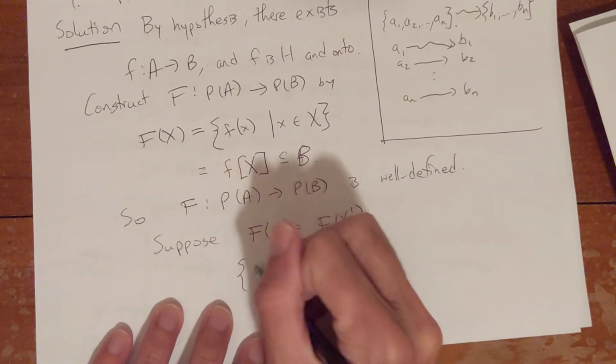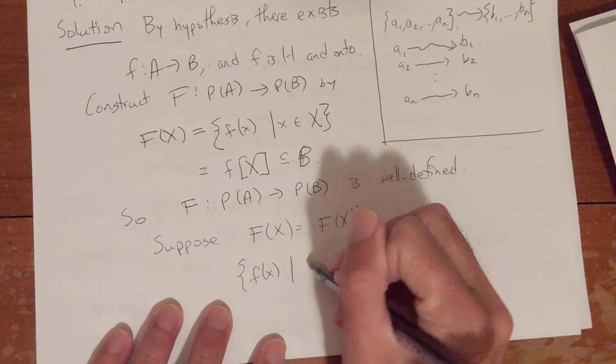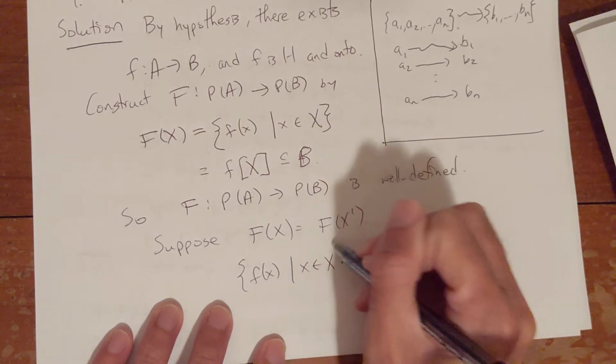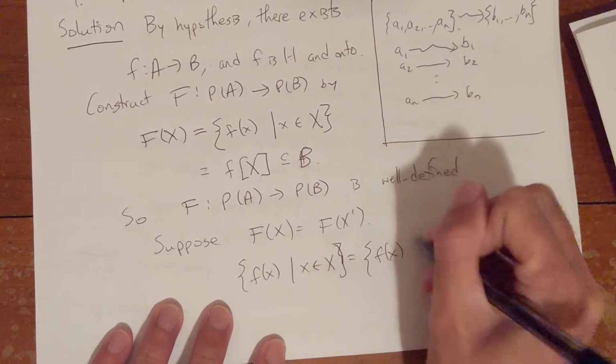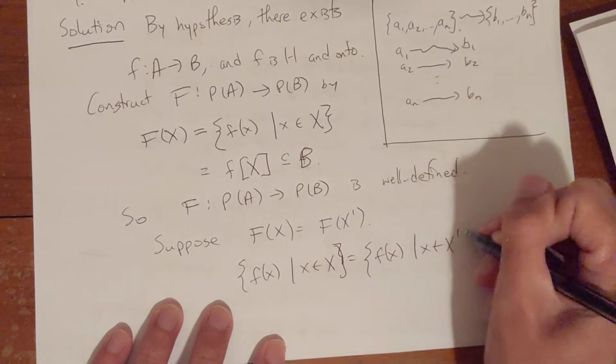So that means the set of f of x such that x is in X is equal to the set of f of x such that x is in X prime.